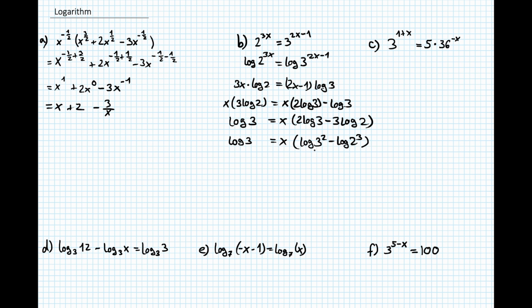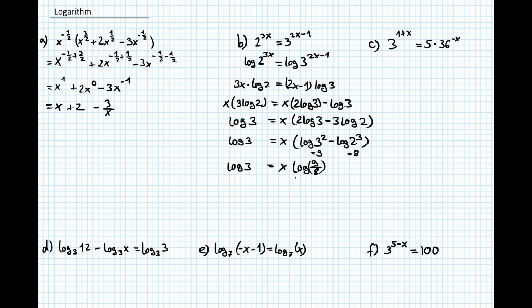And that will be the same as log 9 minus log 8, since 2 to the power of 3 is 8. Now we can simplify this even further using our log laws. Log 9 minus log 8 is the same as log 9 divided by 8.